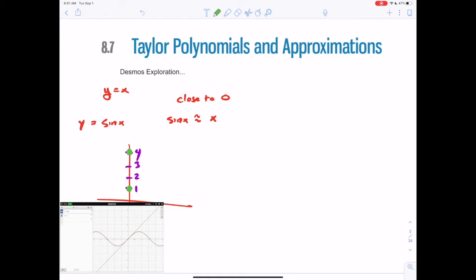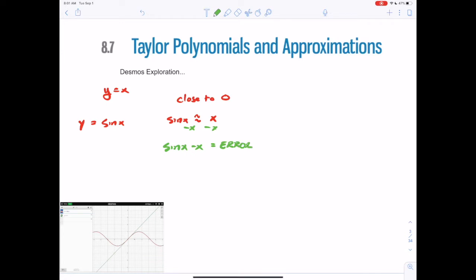You would pretty much take one value and subtract it from the other value to find the distance. That's a distance of 3. So what we're going to do here is subtract the two functions to calculate our error. So sine x minus x will represent the error.